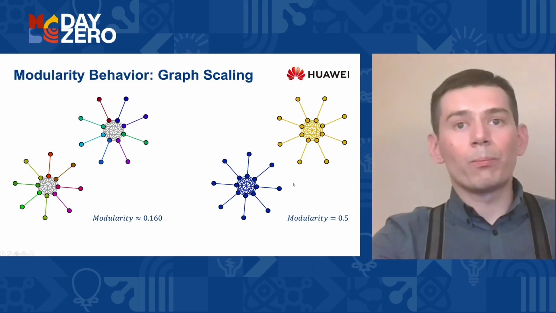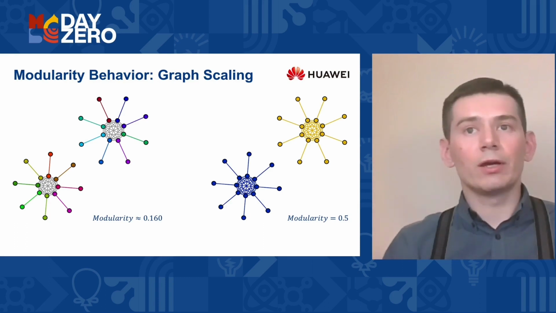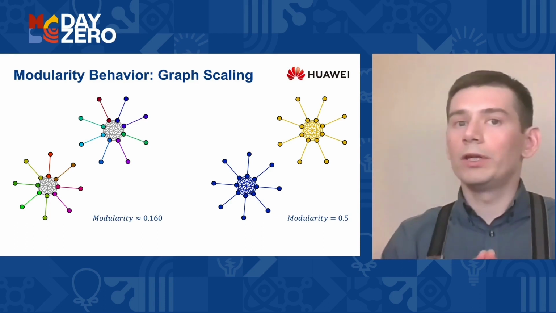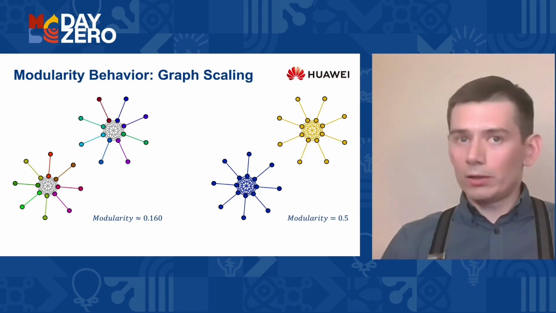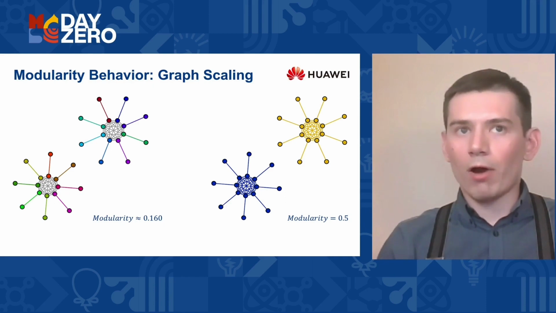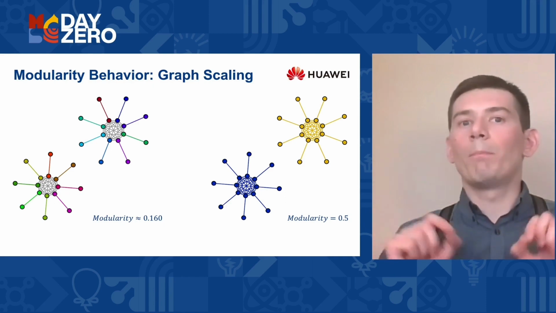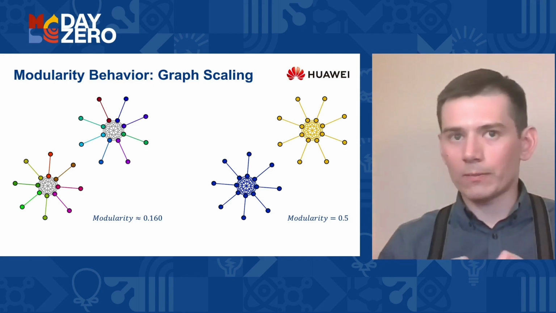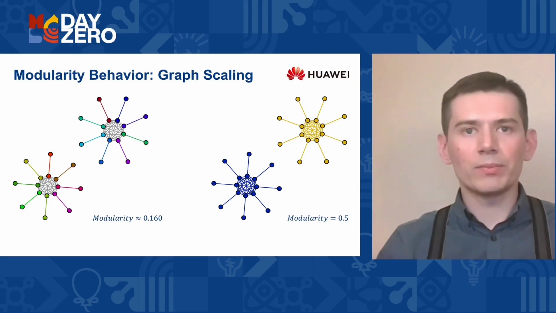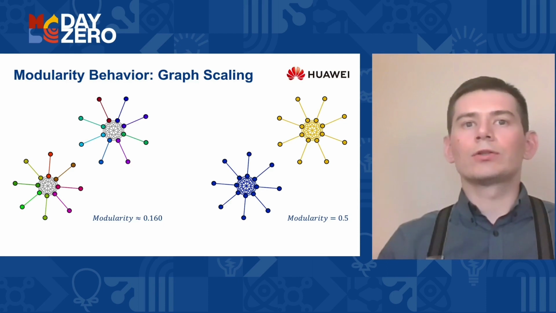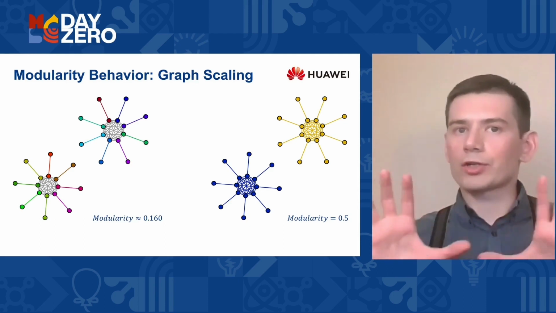However, the optimal partitioning here is different, and we now need just 2 communities. So by enlarging the scale of a graph, we actually make communities larger. This is an important feature of modularity optimization problems. It tends to return large communities.